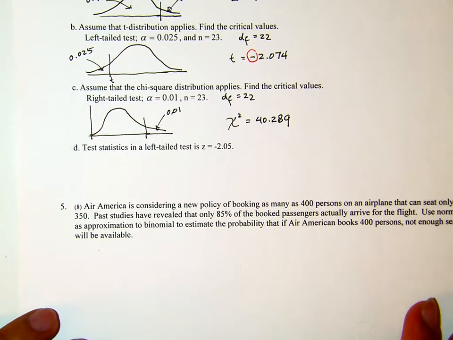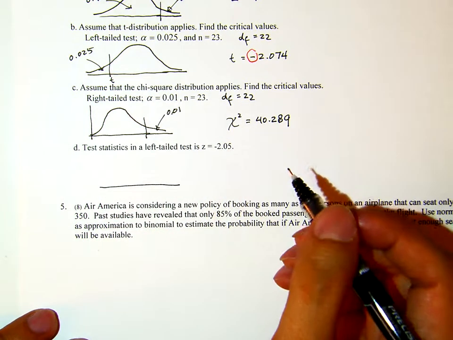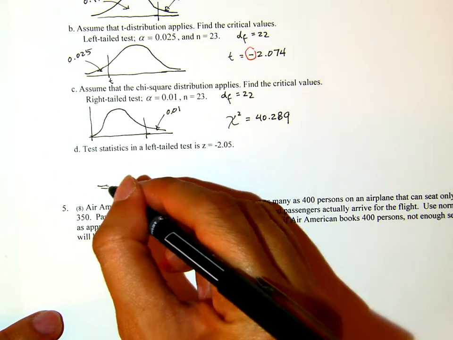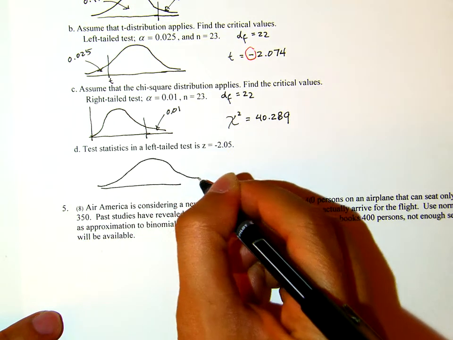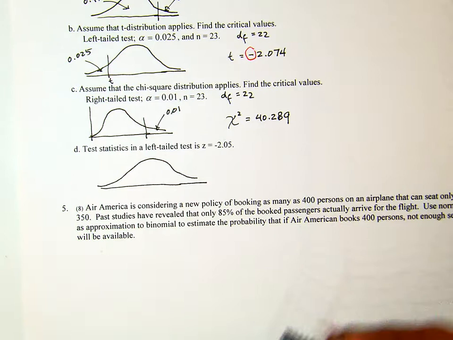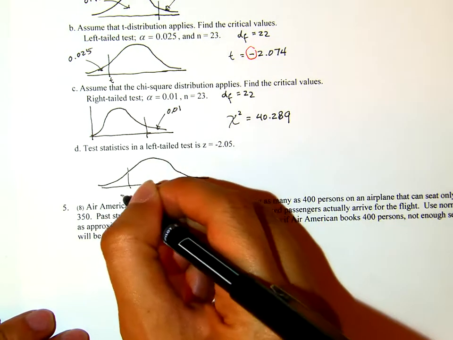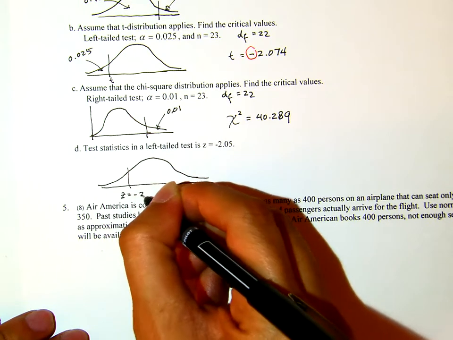Part D, the test statistic in a left tail test is z equals negative 2.05. I believe the question here is actually to find the p-value. Okay, now let me draw it. Z in the left tail test, the z is negative 2.05.